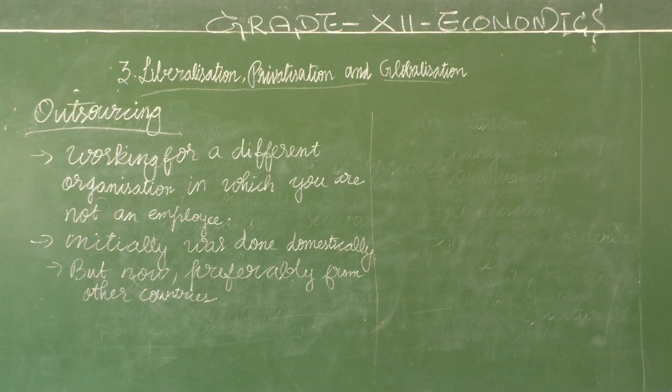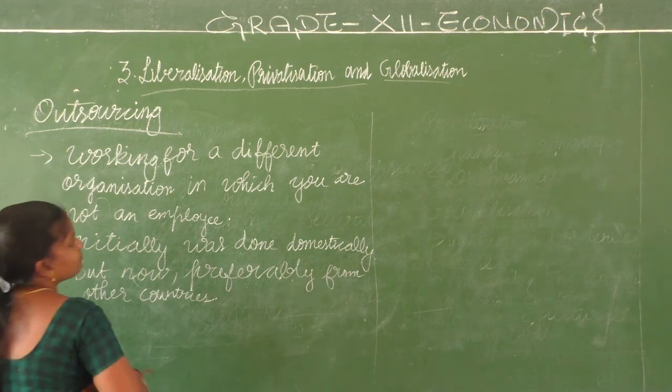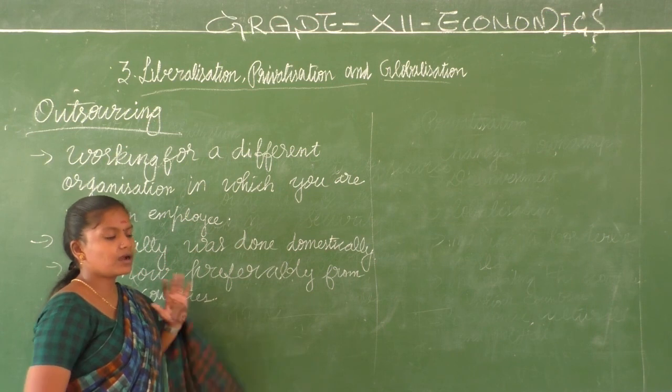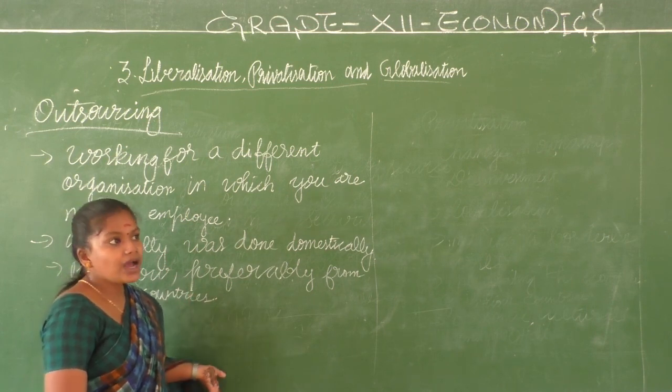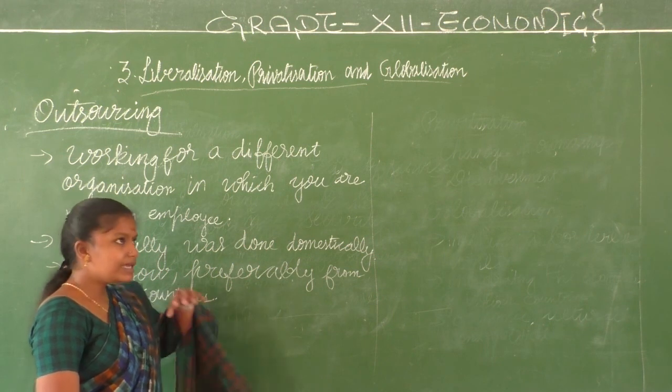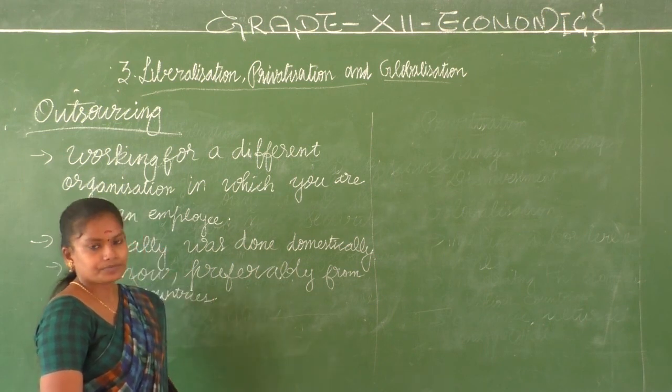Usually, children, whenever you go to shops and hospitals, there is security. If you observe them, on the name tag there will be a different security service name. So that particular shop has outsourced their services. Why do they outsource? To get highly efficient people.